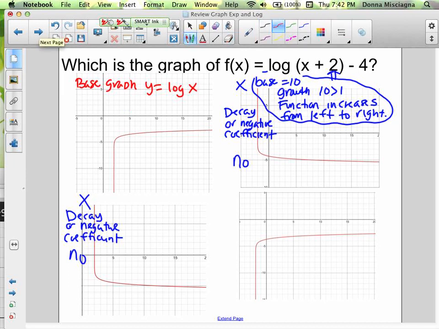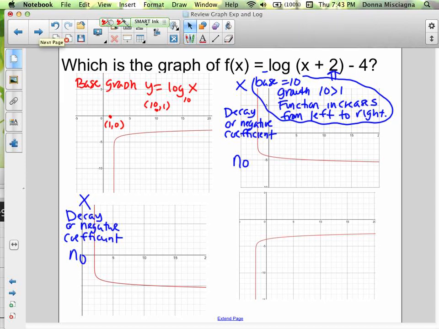All right, so that would be 1, 0, and then 10, 1. Because the y is the exponent. So 10 to the 0 power is 1, and 10 to the first power is 10, and our base here is 10. So here would be our graph.